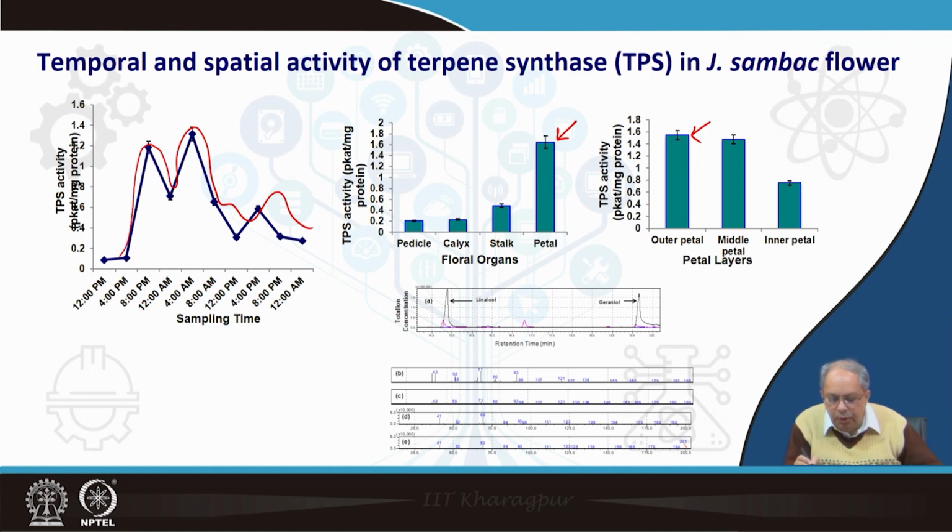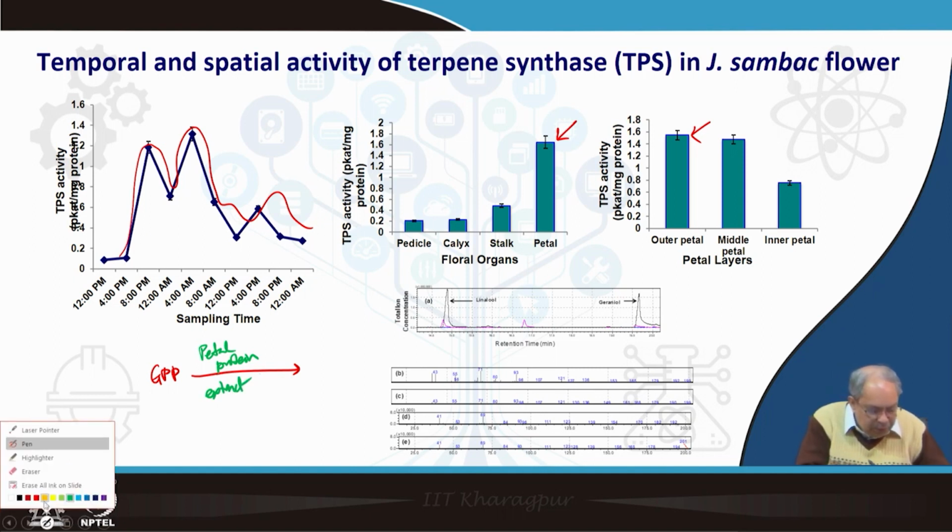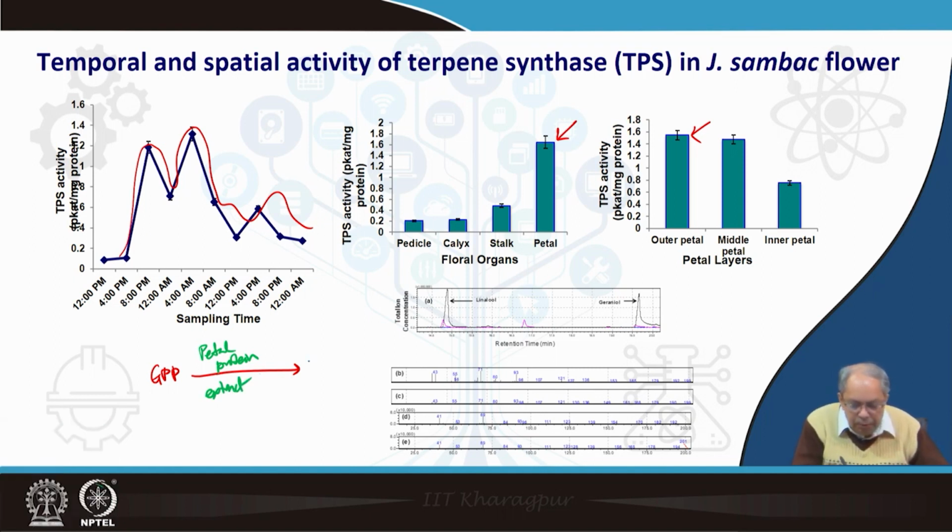When a terpene synthase assay is done, GPP is taken as the substrate and flower petal protein extract is used as the source of enzyme. If it is able to make products, for example linalool and other components, they can be detected through GCMS analysis.